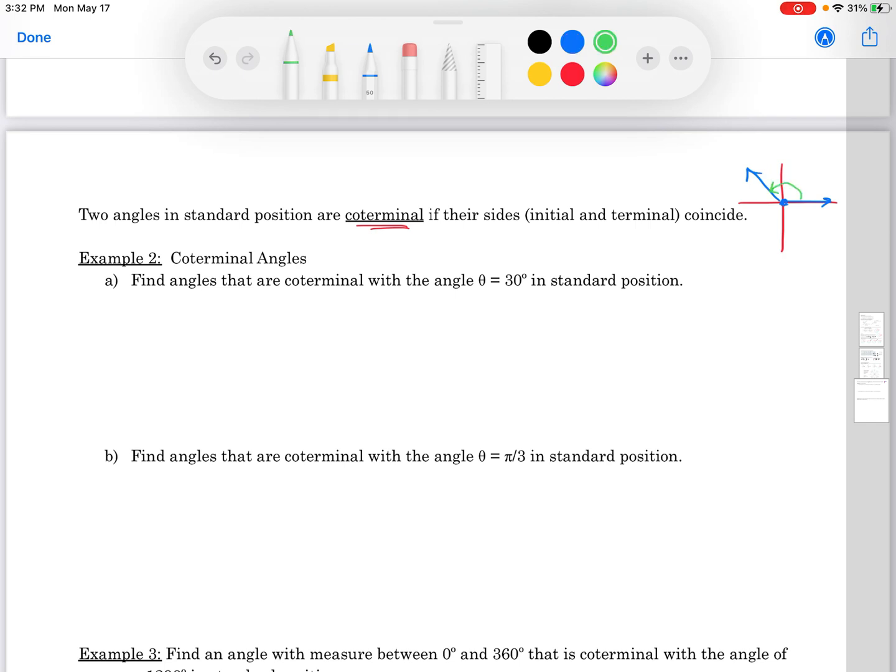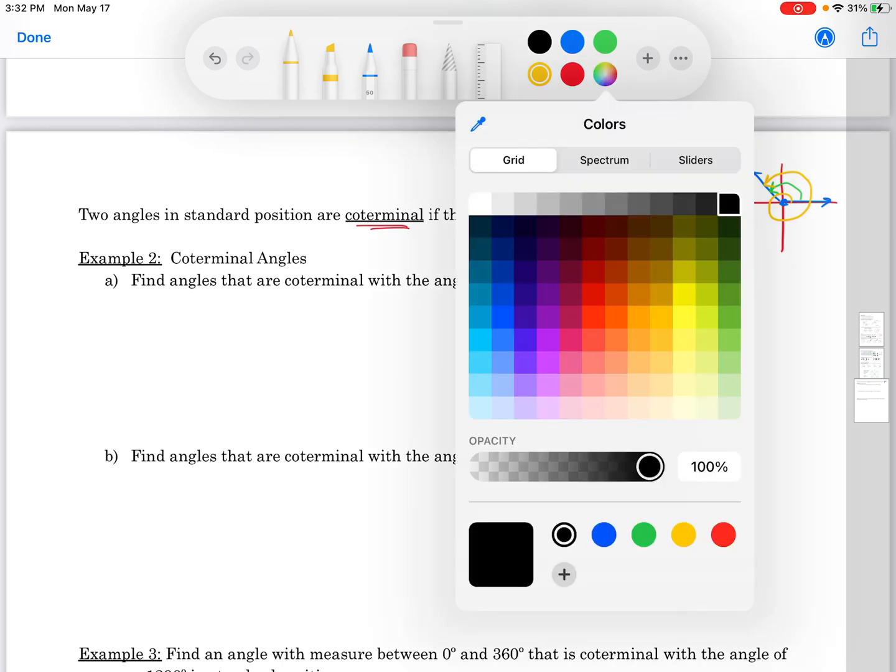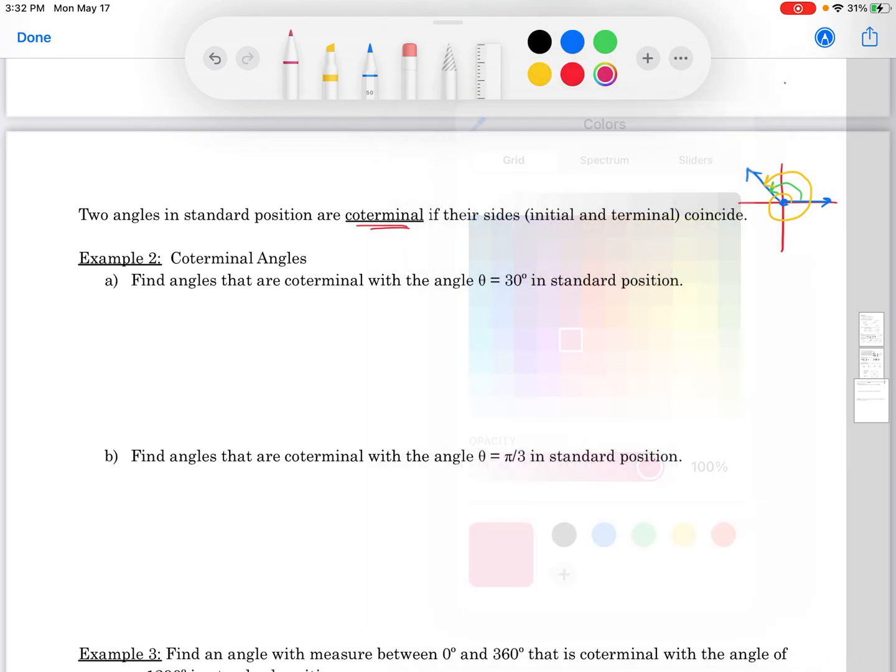This green angle would be coterminal with this yellow angle because they're starting and ending in the same place, even though they're doing a little bit extra. Now, what's even more important is not so much those where we're going around the circle a lot, but the negative counterpart. And we'll see that a little later on in these chapters.